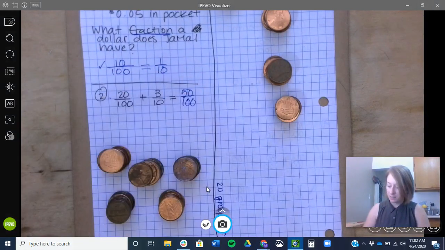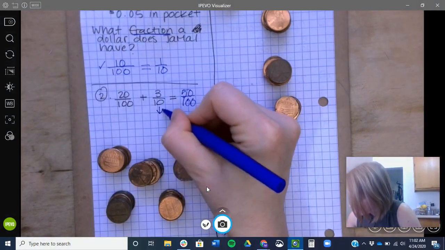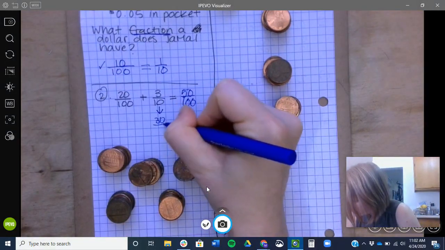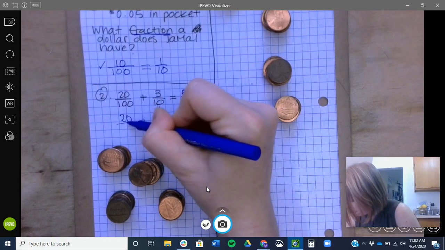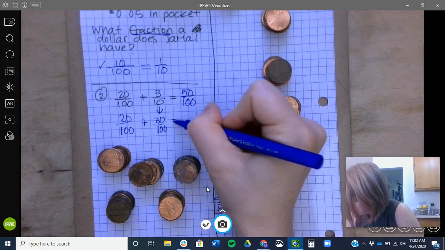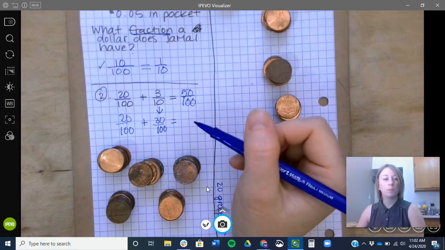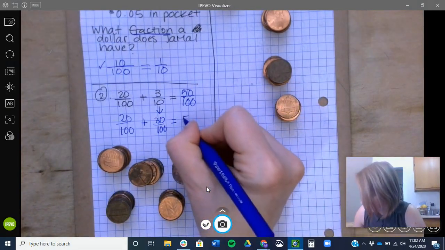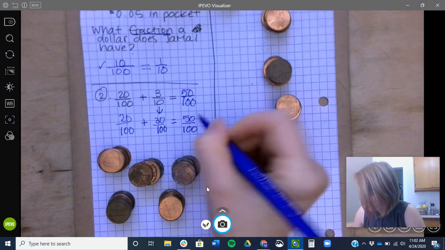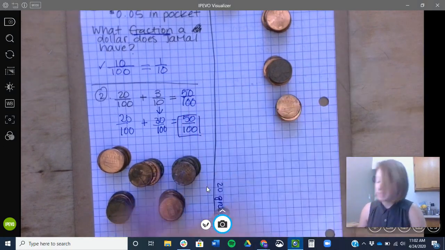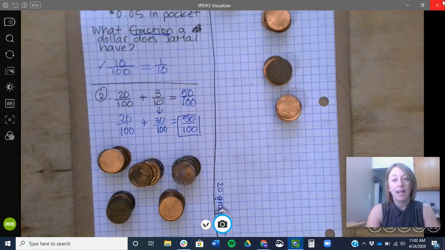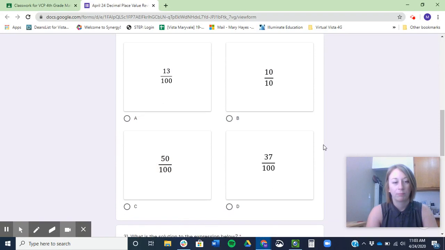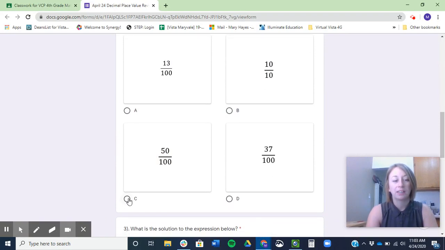That tells us that 3/10ths is equivalent to 30/100ths. And 20/100ths plus 30/100ths is equal to 50/100ths. Let's go ahead and select that as our answer choice. Looks like that is choice letter C.